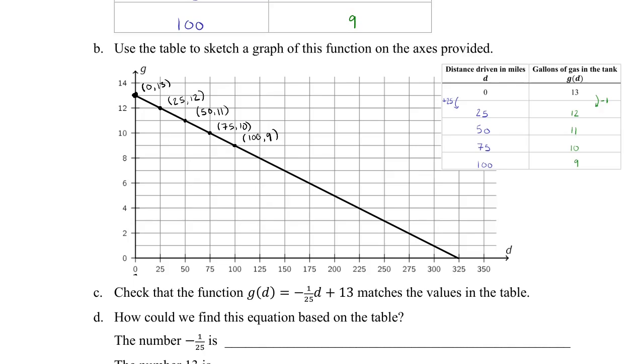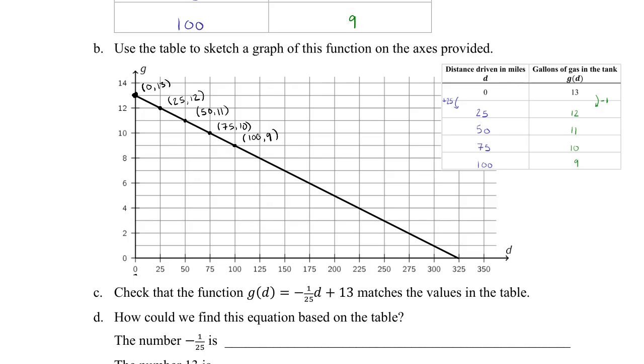Now, I claim that the equation g of d equals negative 1/25 d plus 13 describes this relationship. So we'll see how we would get that equation in a little bit. Right now, I'm just claiming that that equation is correct.